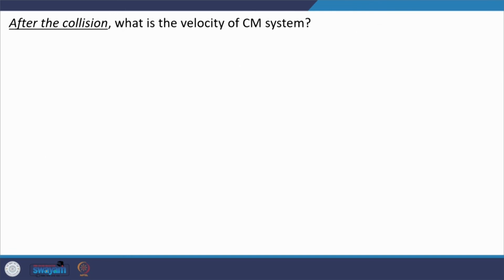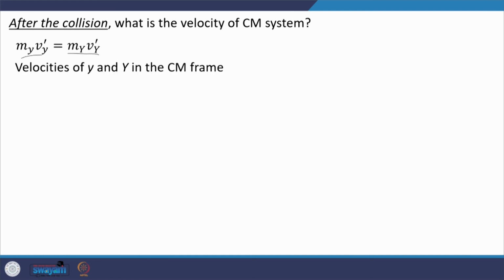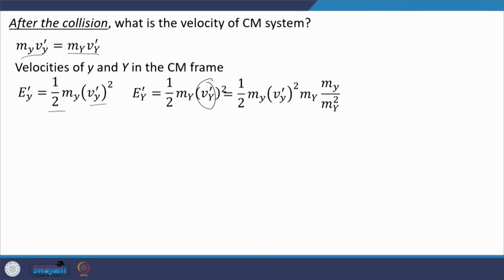Now, how does the situation look after the collision? What is the velocity? Writing the expression for the momentum, we can write it like this, and the velocities of small y and capital Y in the center of mass frame we can write in terms of half mv square. Here I can use the velocity of the product nucleus in the CM frame from this relation.